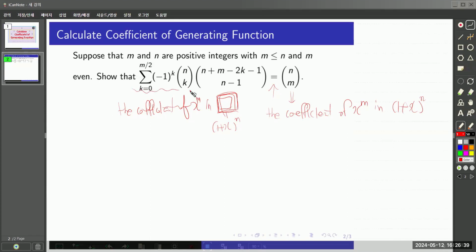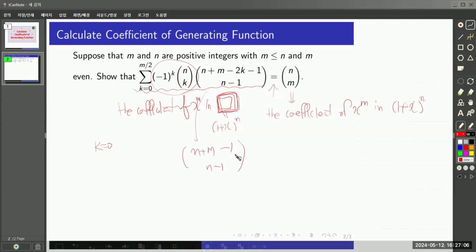Maybe by plugging in numbers for k, we may guess what this something is. When k is equal to 0, you can see this part is just equal to 1, and from here you have m plus m minus 2k, that's 0, so m minus 1 and m minus 1.